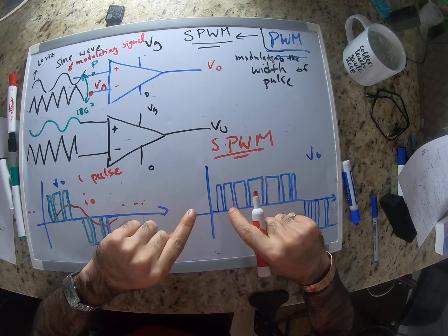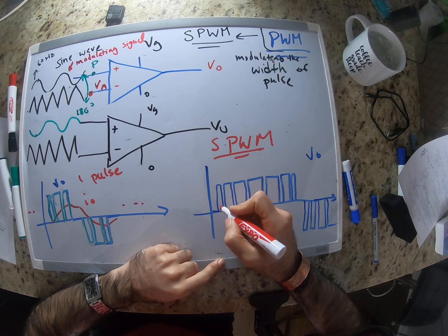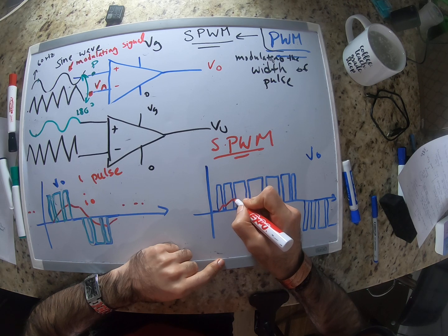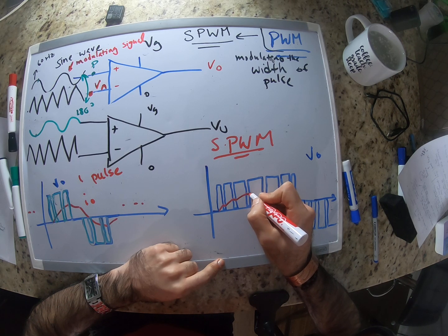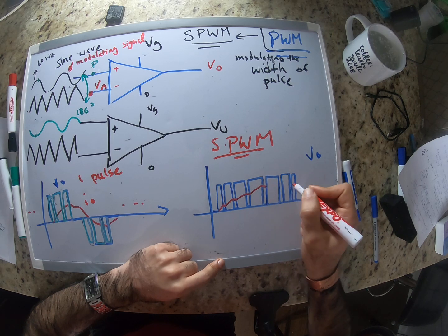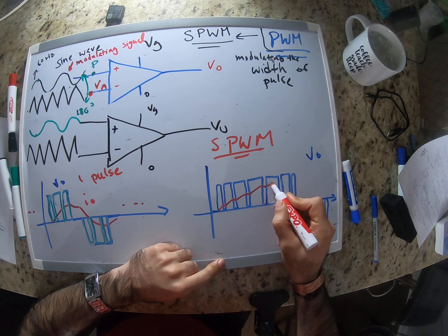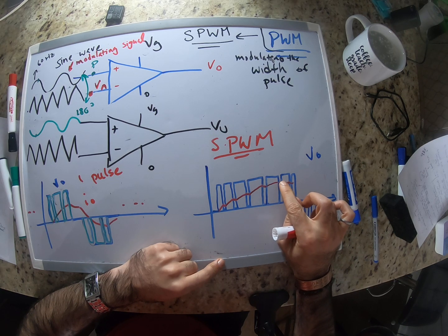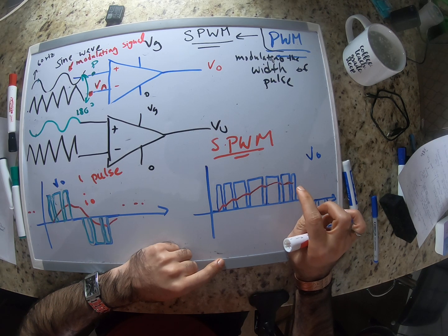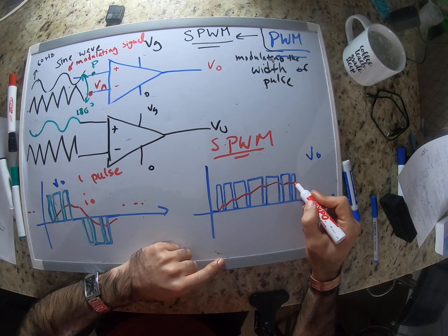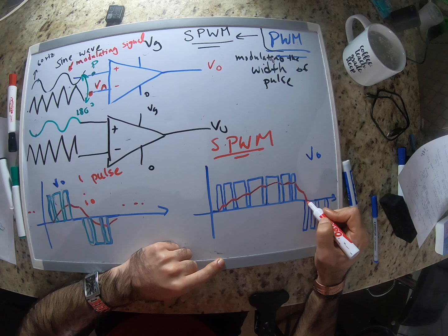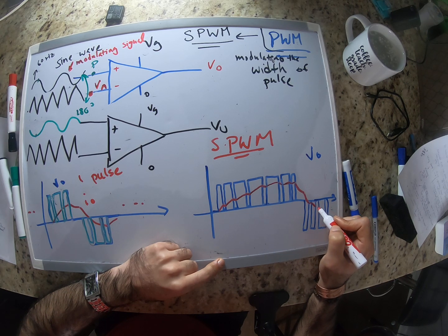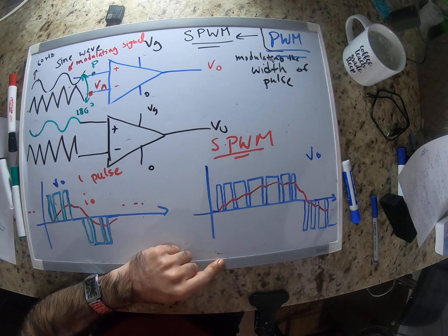Okay, so if I draw the current here, because these pulses are much narrower, the changes in the current are going to be very smooth. So it goes up, it goes down a little bit, goes up, goes down a little bit, goes up more, goes down a little bit, and then eventually comes down more, goes up, comes down, goes up, and this would continue.